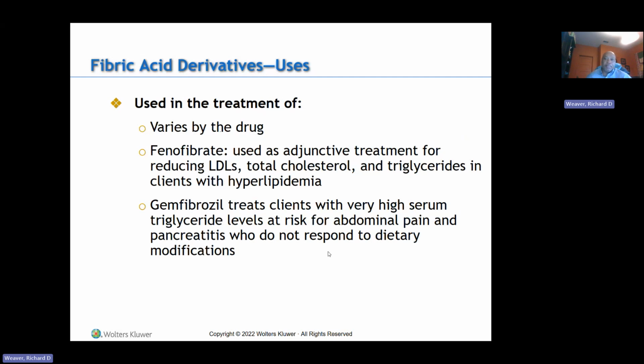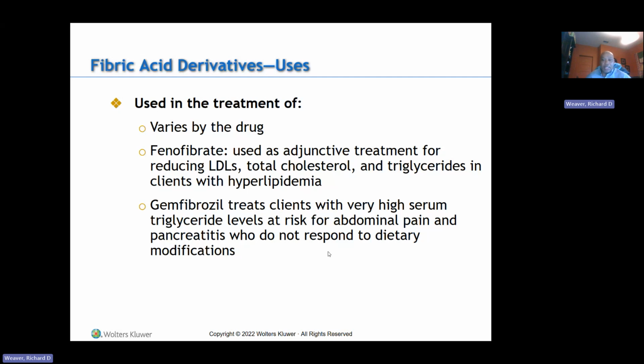For example, gemfibrozil is used to treat individuals with very high serum triglyceride levels who are at risk for abdominal pain, pancreatitis, and also those who do not experience a response to dietary modifications. All right, they don't respond well to the diets that should lower cholesterol values.